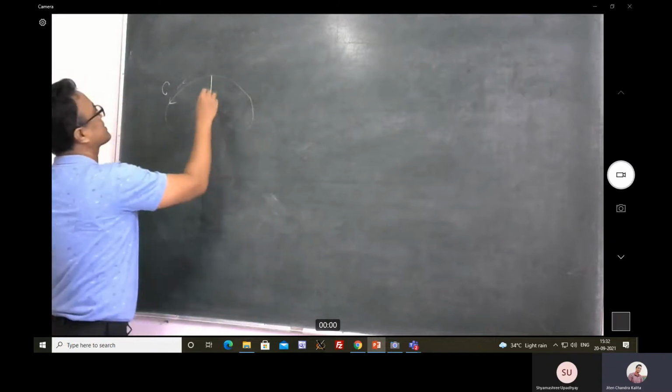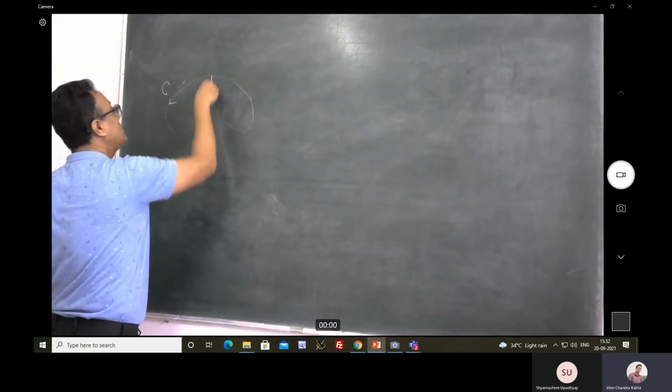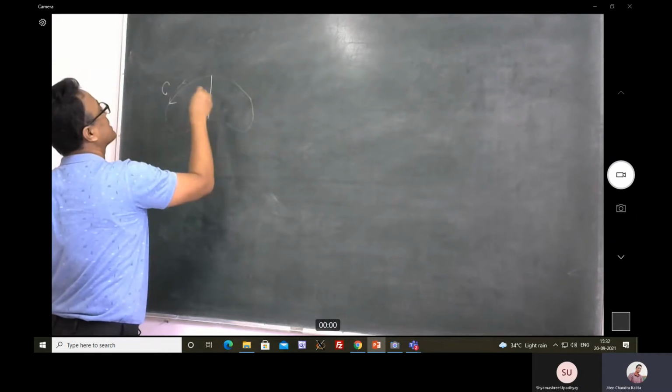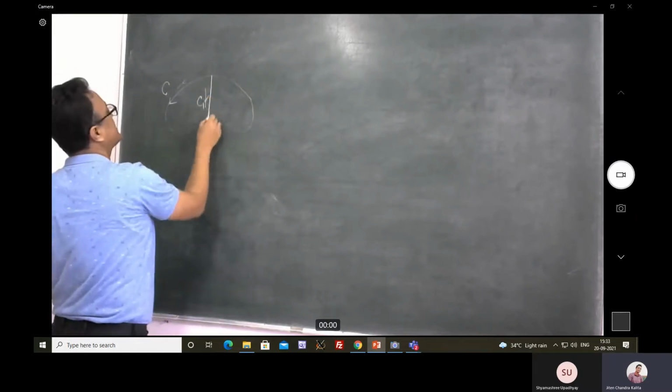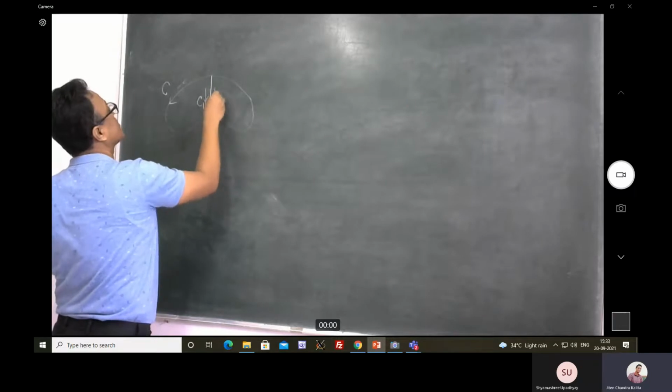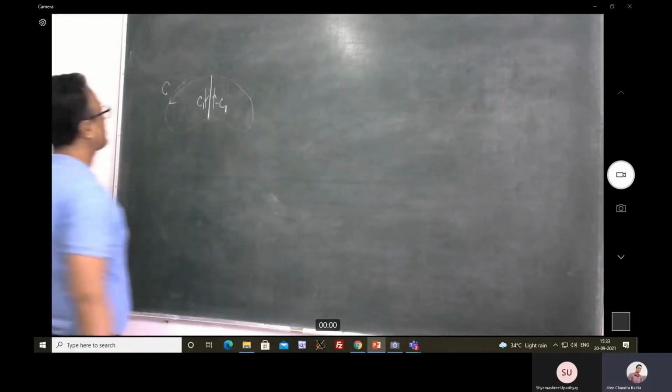Now let us assume that this part is given by, say, C1. If I take this part in the opposite direction, that is going to give me minus C1.